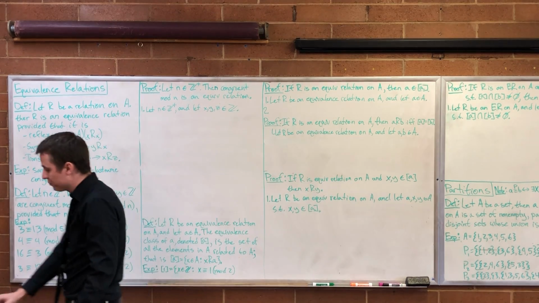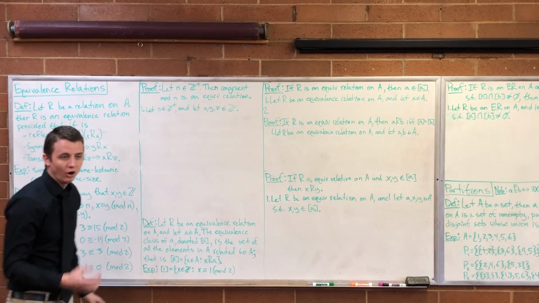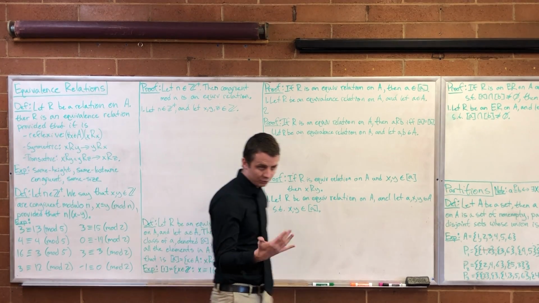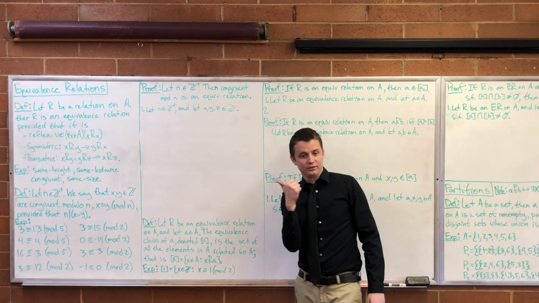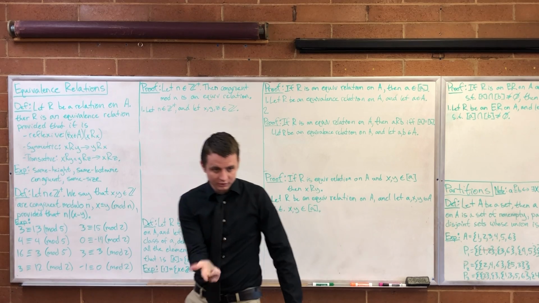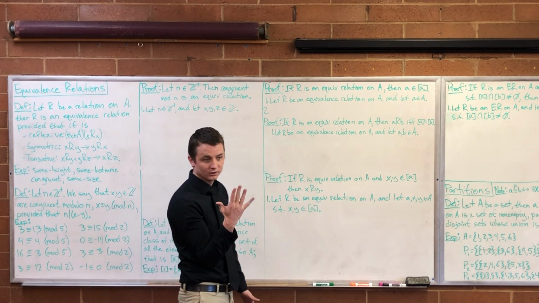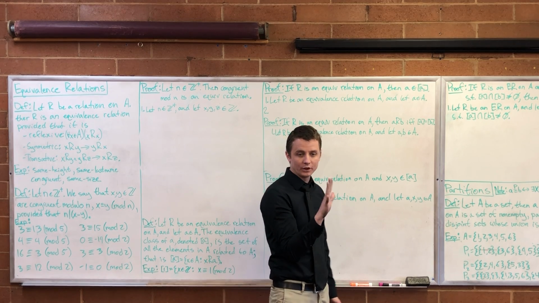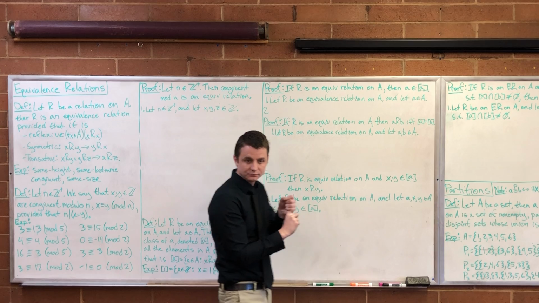Now, we talked about 5 particular properties that we were interested in on relations. Do you remember what those were? Reflexive, irreflexive, symmetric, antisymmetric, and transitive. What was reflexive?